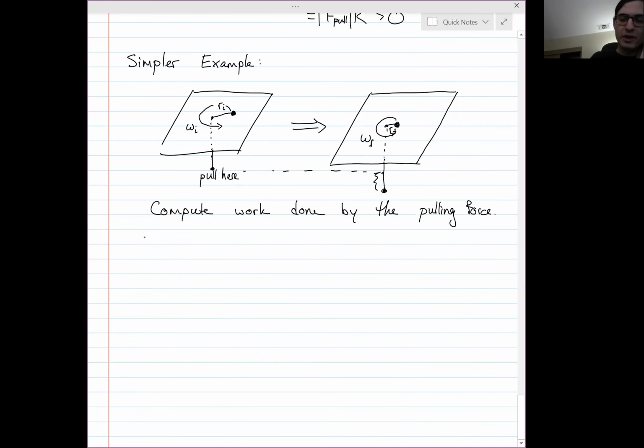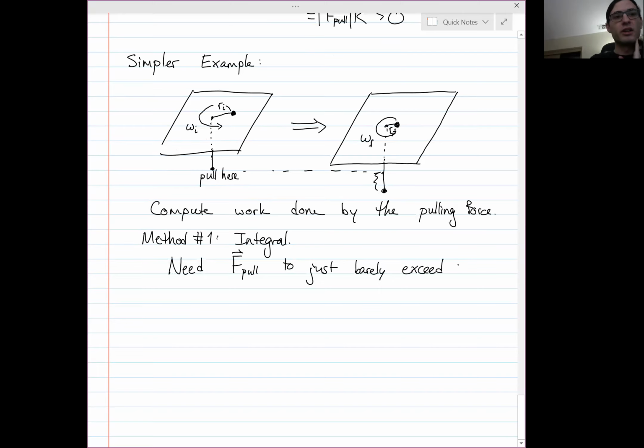The first method we can use is the integral method: just compute the integral of the work. We need the pulling force to just barely exceed the tension force. I'm going to call F tension the force needed to keep the object spinning in a circle. Imagine initially there was some force F tension pulling downwards, and then we add just a smidge extra force in the form of F pull.